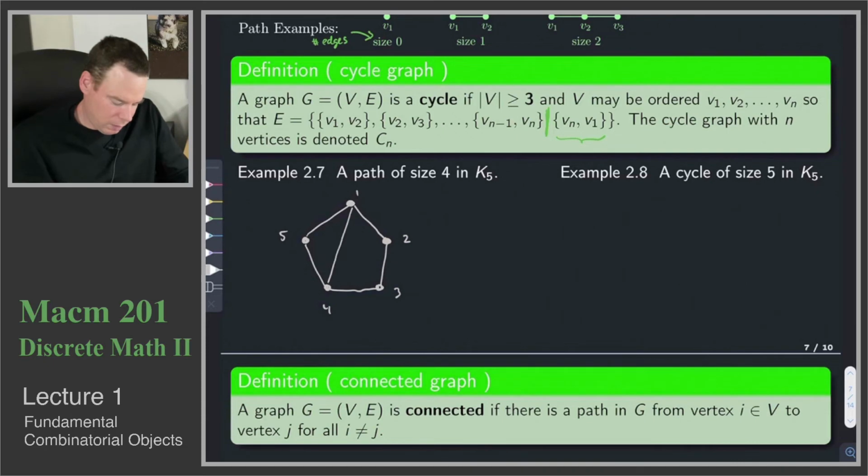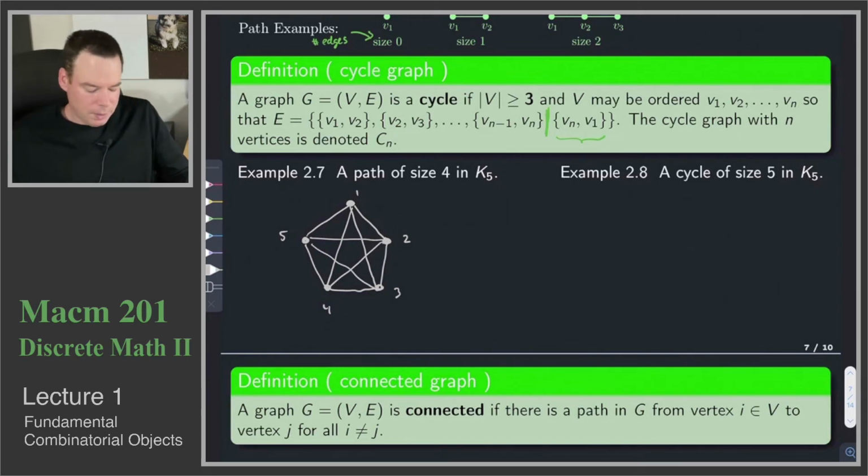Because each vertex can have at most 4 neighboring vertices, every vertex is going to have degree 4, and so I've got to connect it to every other vertex by an edge, and so there's our complete graph.